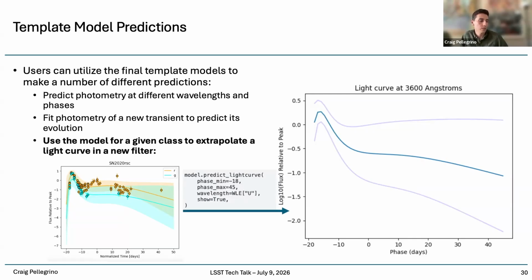This could probably also be folded into the actual Gaussian process regression itself. But to approximate it, we use the upper limits as almost like detections with a very small uncertainty, to make the fits respect those more.